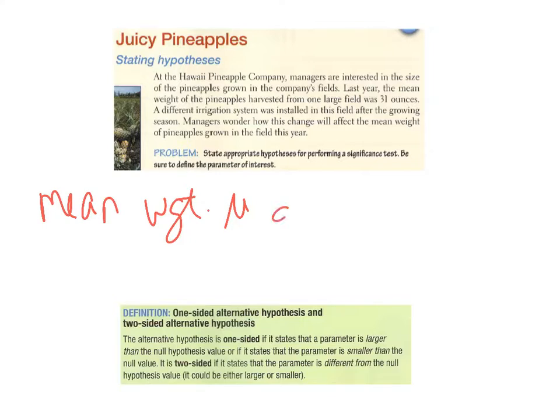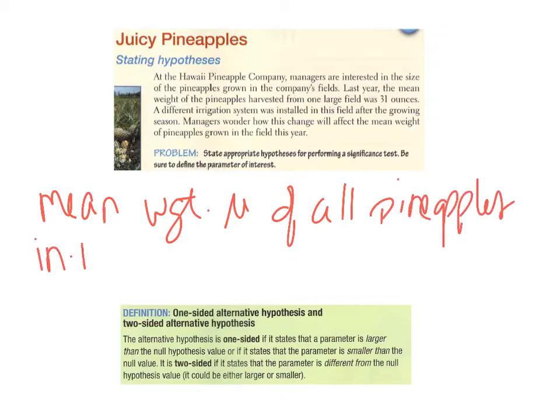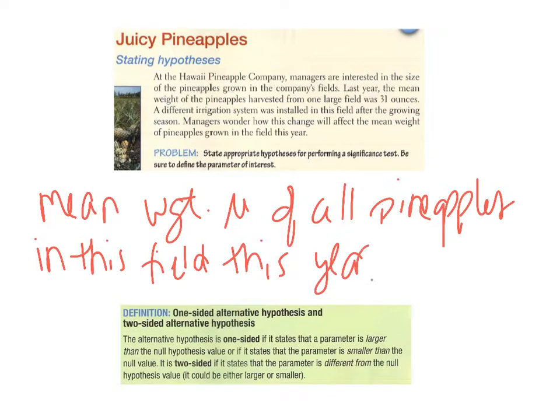We can't draw conclusions anywhere other than that. So that's my parameter of interest for this. My hypotheses for this, I'm going to need a null hypothesis and I'm going to need an alternative hypothesis. Well, remember, my null hypothesis is my dull one. There's no difference here.